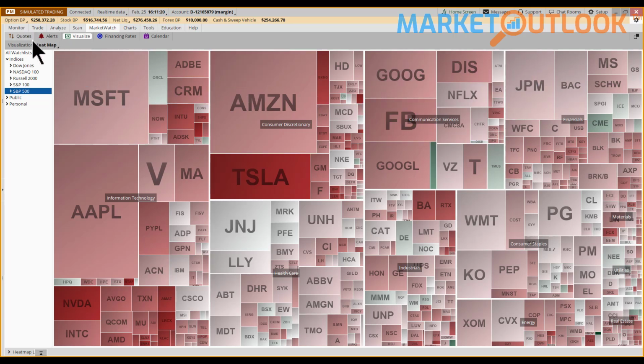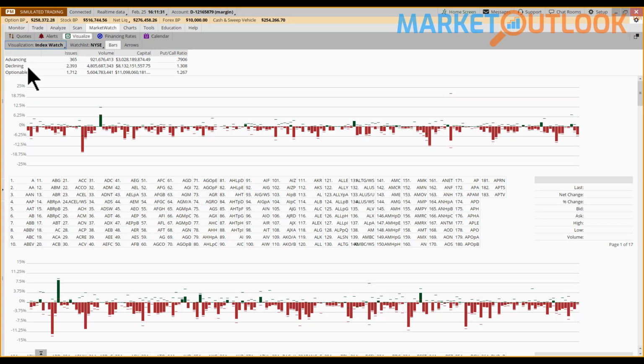Another thing that we can look at to kind of gain that understanding is coming up here to the visualization area of the Thinkorswim platform. Rather than going to the heat map that I'm on right now, let's go over here to the index watch. And I've got the NYSE, or the New York Stock Exchange, pulled up here. And you can see up at the top, it's got the advancers versus the decliners.